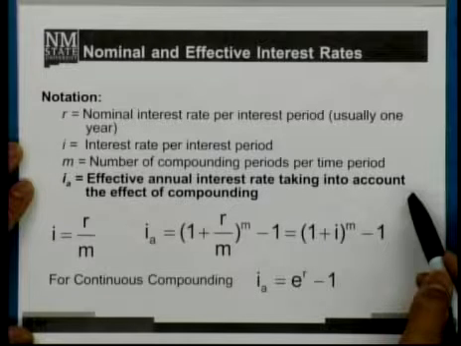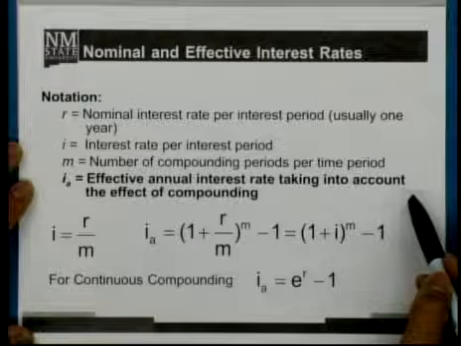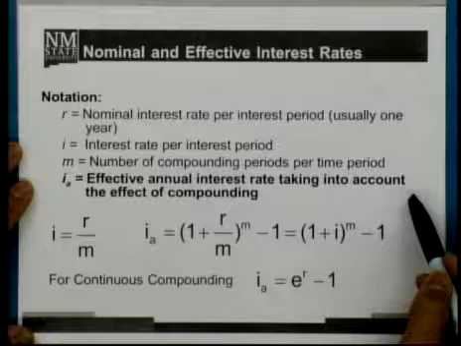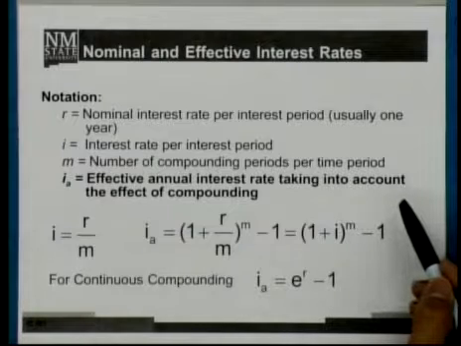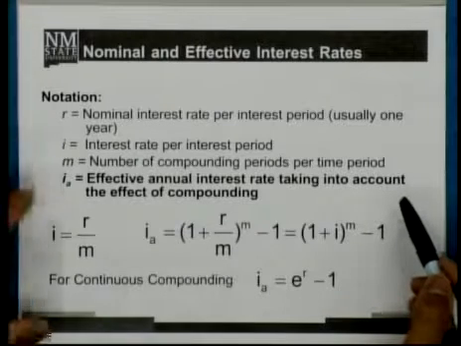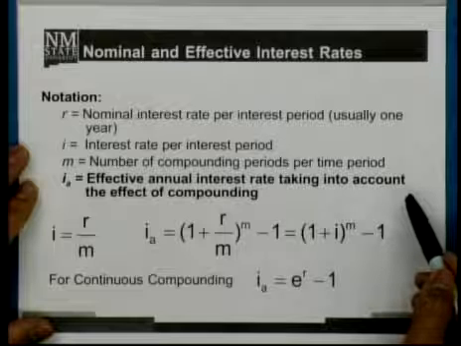However, each combination of a nominal interest rate and the number of compounding periods corresponds to an effective interest rate. And because these effective interest rates include compound interest, they can be directly compared.